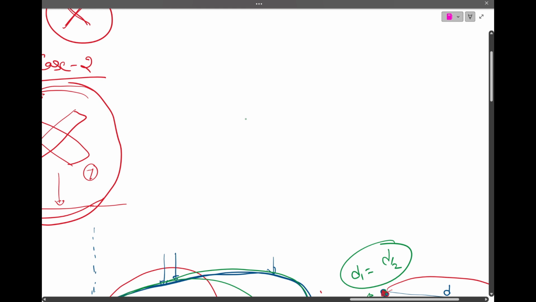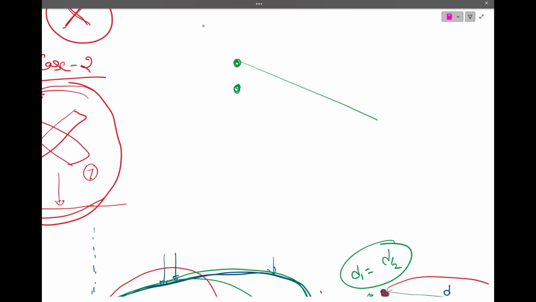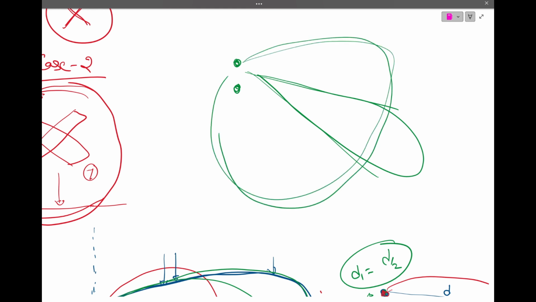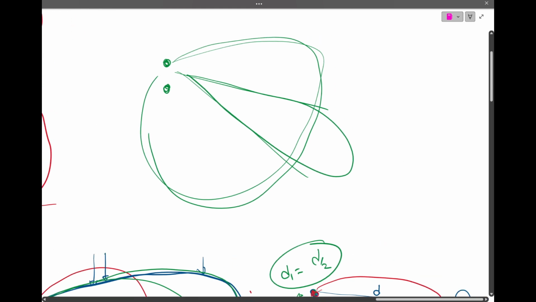So these two elements, it will become narrower in this direction, whereas in the horizontal direction it will be wider. It's difficult to draw a 3D beam here.